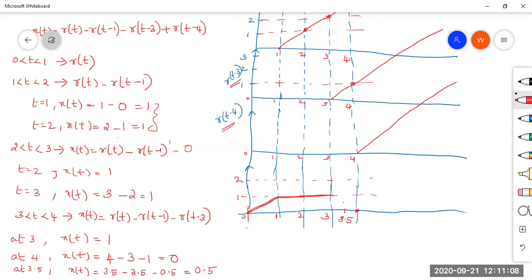At 3.5 the value is 0.5, so it is coming down to 0 through 0.5. So this is the shape of your signal, that is x of t is equal to r of t minus r of t minus 1 minus r of t minus 3 plus r of t minus 4.